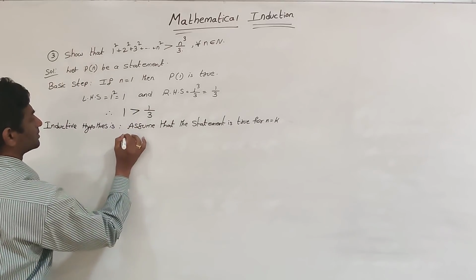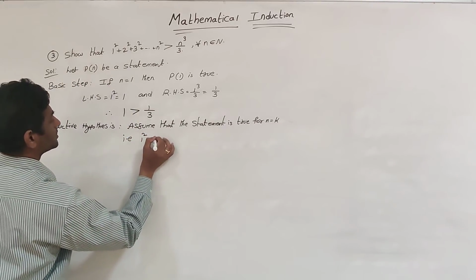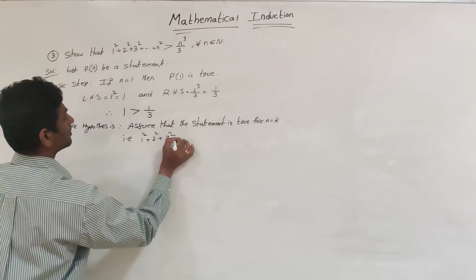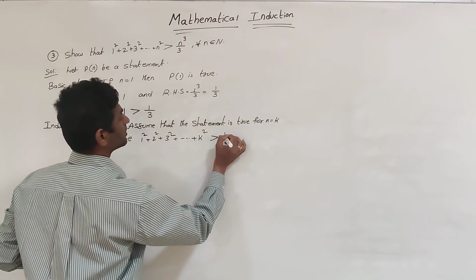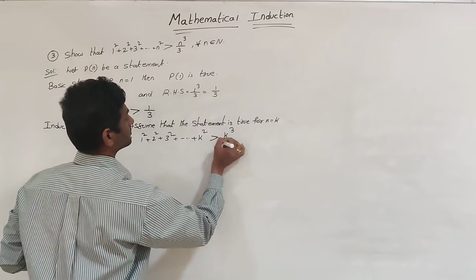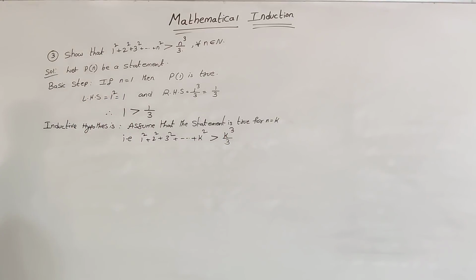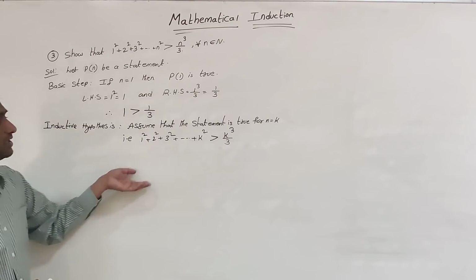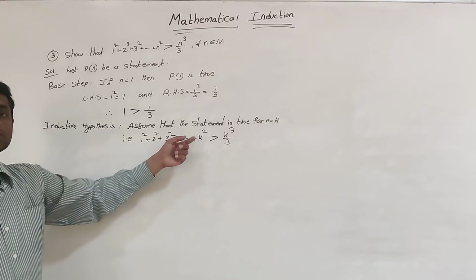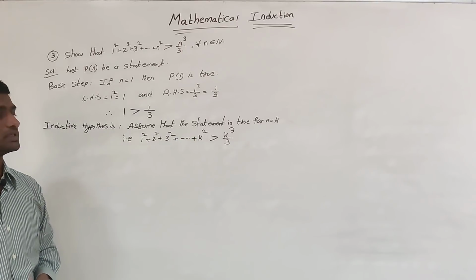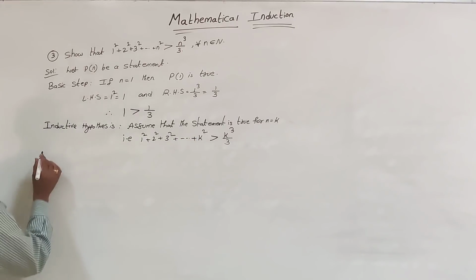That is, 1 square plus 2 square plus 3 square plus so on plus k square is greater than k cube by 3. Now what we have to show is for k plus 1. As it is a sum of squares of first k natural numbers, what is our statement, the inductive step?